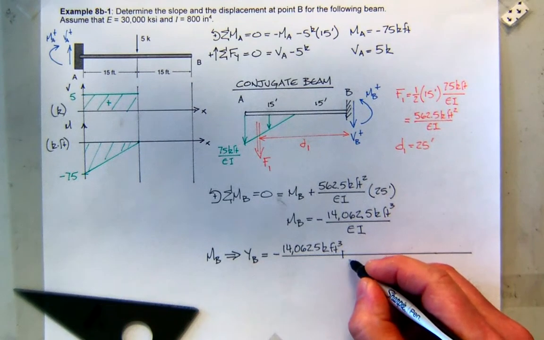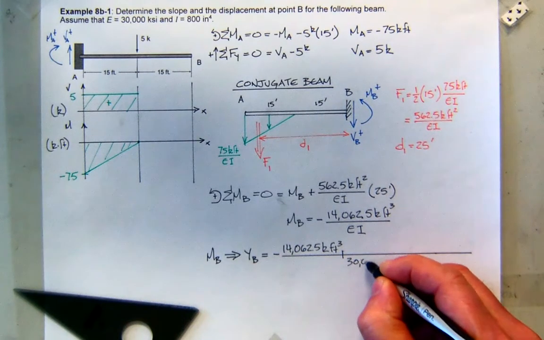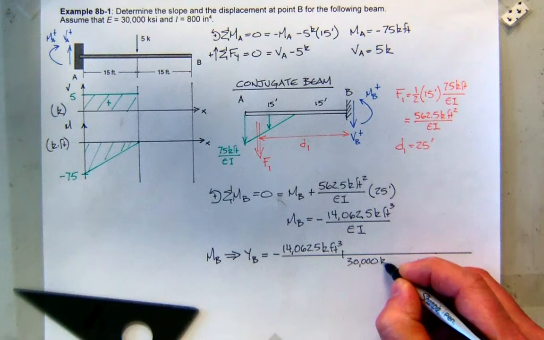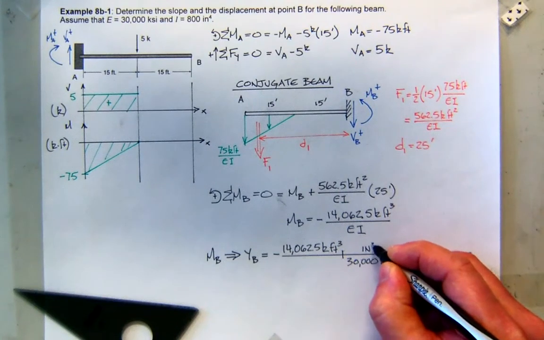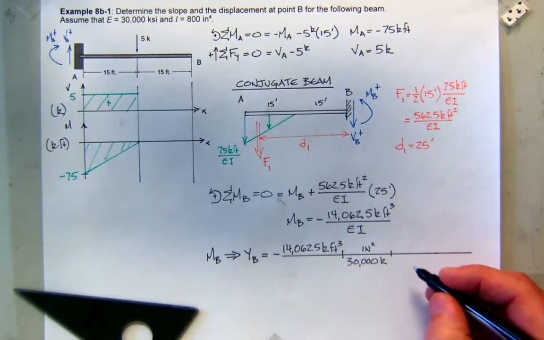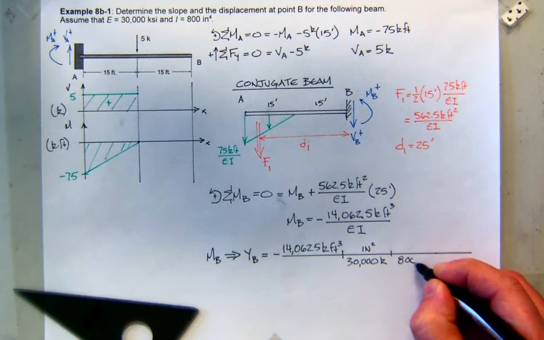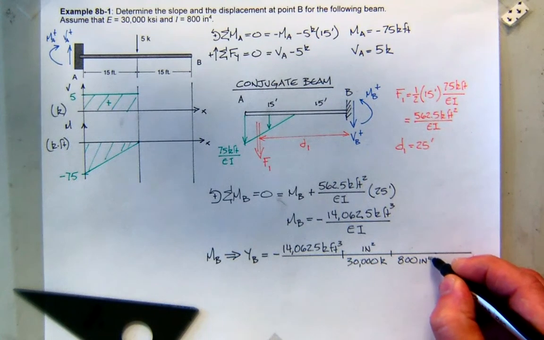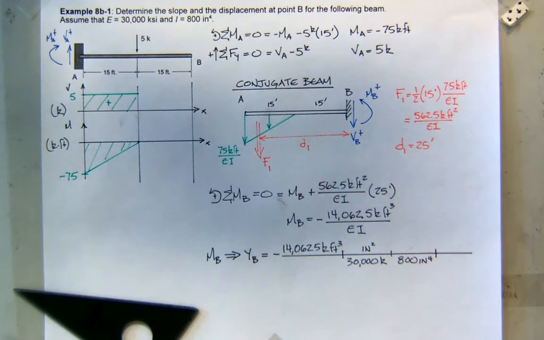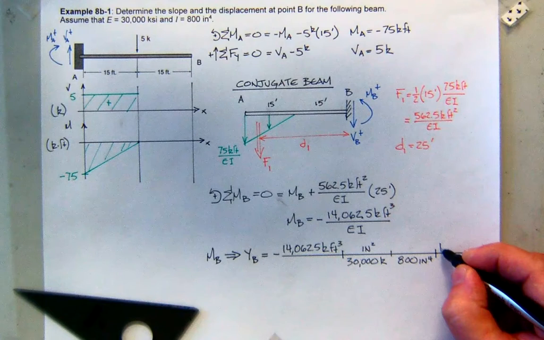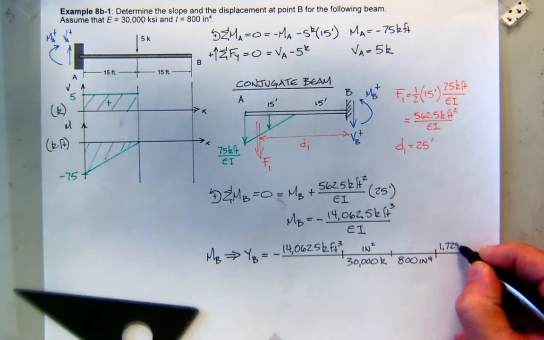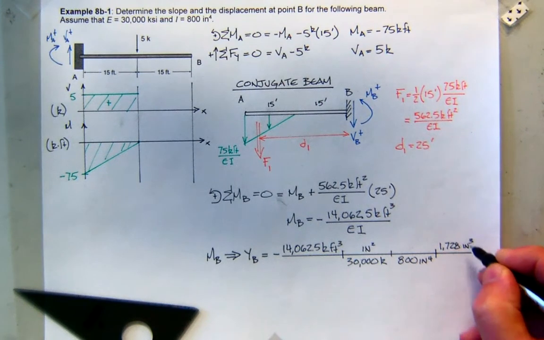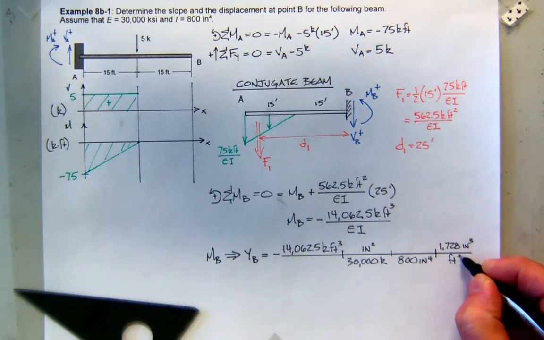E is 30,000 kips per inch squared. I is 800 inches to the fourth. And then I'm going to say that there is 1,728 inches cubed in a foot cubed.